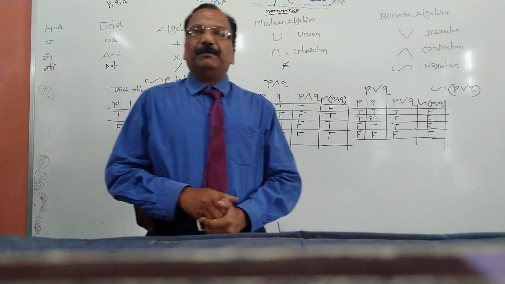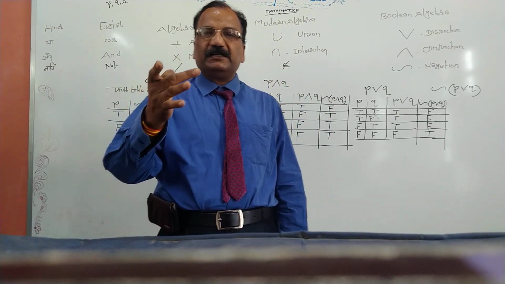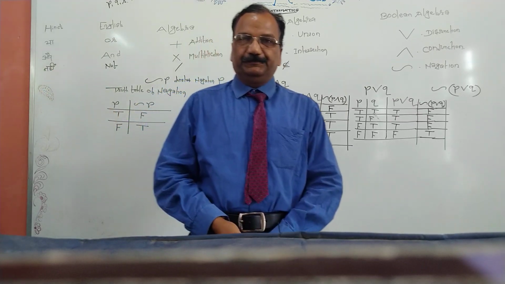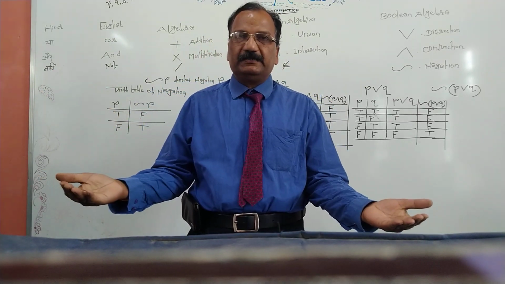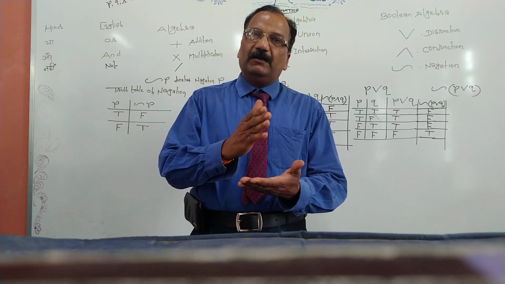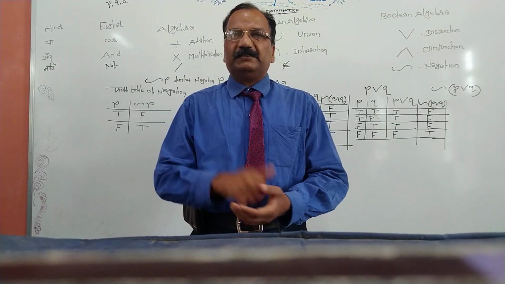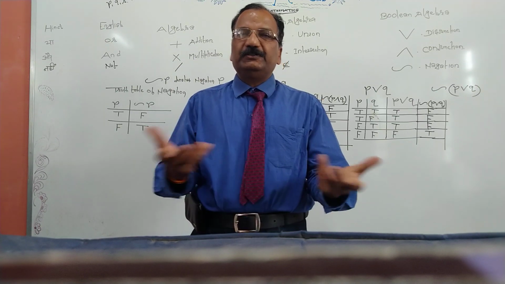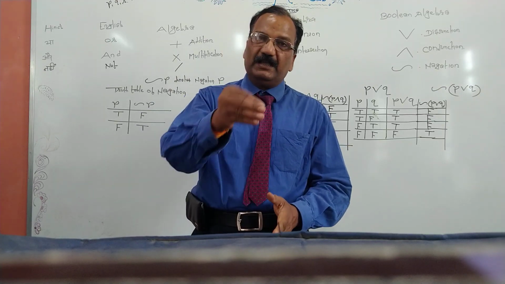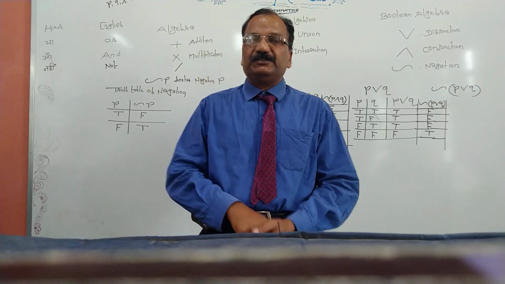Among these 5, 4 (addition, subtraction, multiplication and division) are called binary operations. Why binary operation? If you use the operation addition, then 2 numbers, 2 sets, 2 things are required for using addition, subtraction, multiplication and division.